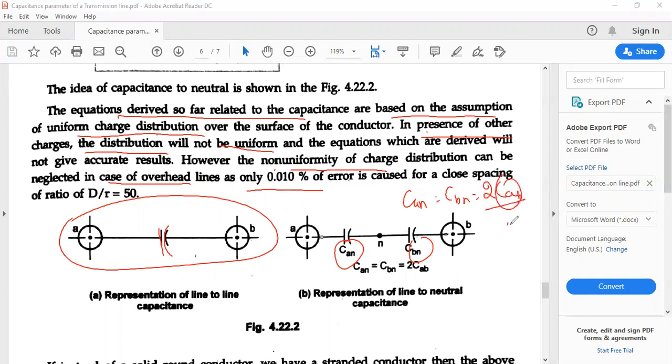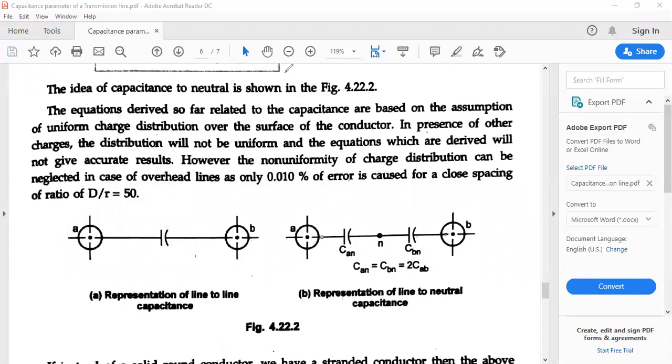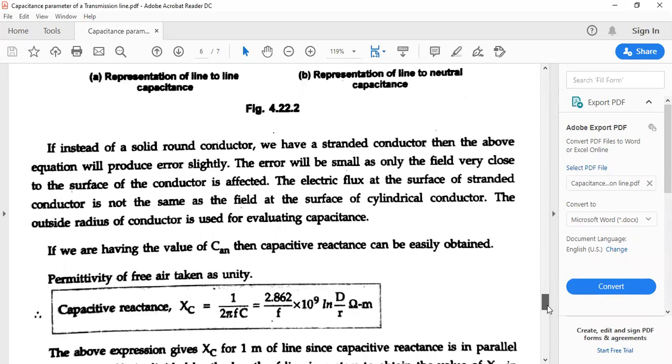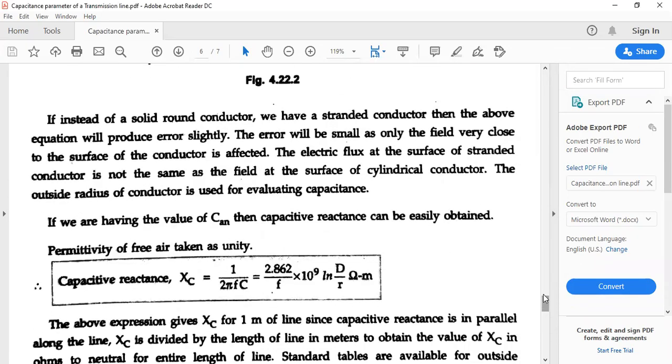CAB was pi epsilon naught divided by ln of D divided by R. So 2 times pi epsilon naught divided by ln of D by R, which is in farad per meter. This is the representation which has been given, and you need to find out the overall capacitance that is present there.